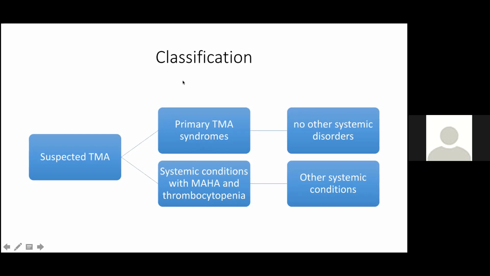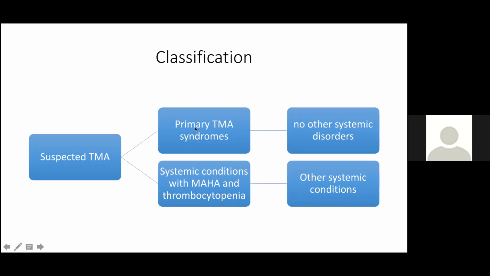This classification is made in this way because of the management concerns. Primary thrombotic microangiopathy syndromes are managed differently, whereas systemic conditions with similar pictures are managed differently. In these patients, all you have to do is manage the underlying disease, then eventually the microangiopathy and thrombosis will be treated.